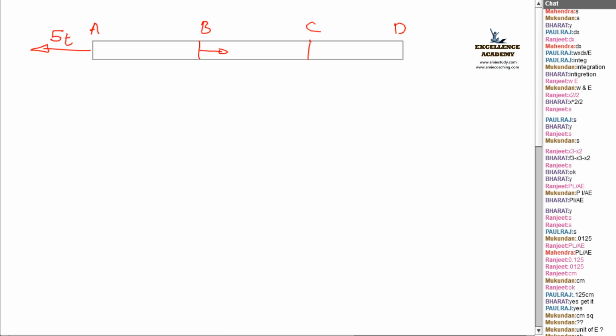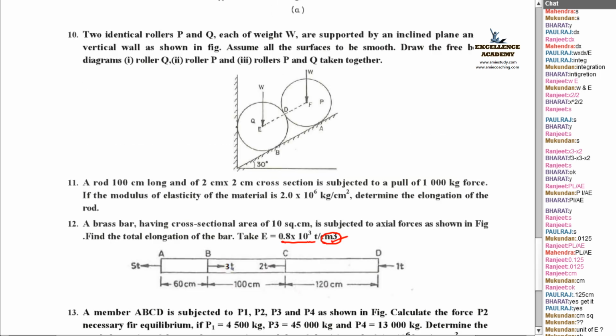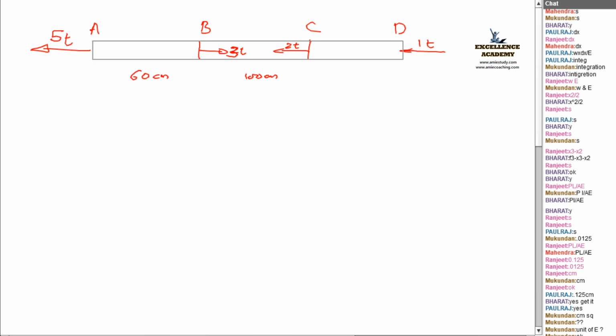At B is in this direction, that is 3 ton is acting, and in this direction it is 2 ton. And here it is also 1 ton is acting. And the lengths are 60 cm, 100 cm, 120 cm, 120 cm.